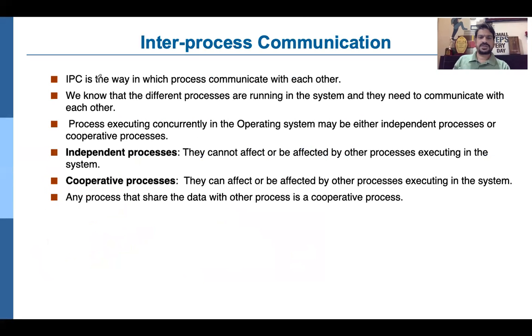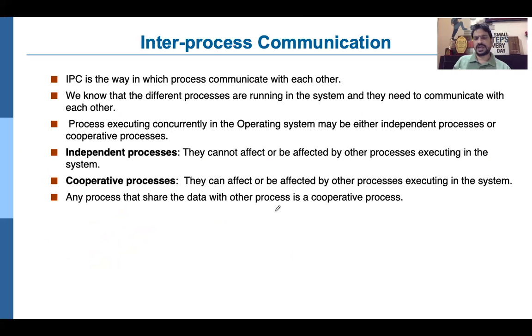So inter-process communication is the way in which processes communicate with each other. We know that different processes are running in the system and they need to communicate with each other. Processes executing concurrently in the operating system may be either independent or cooperative.